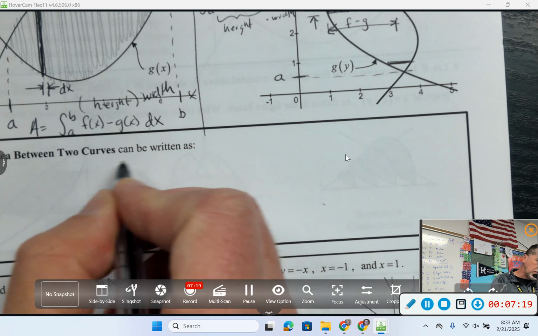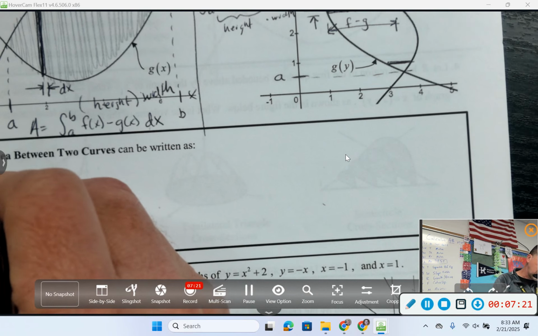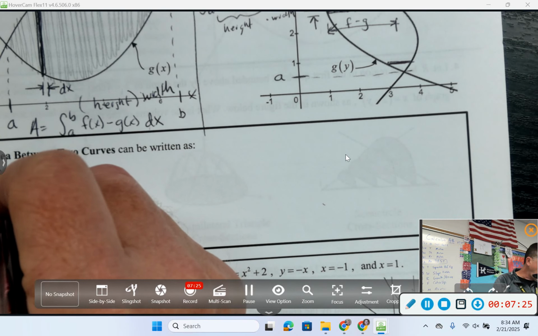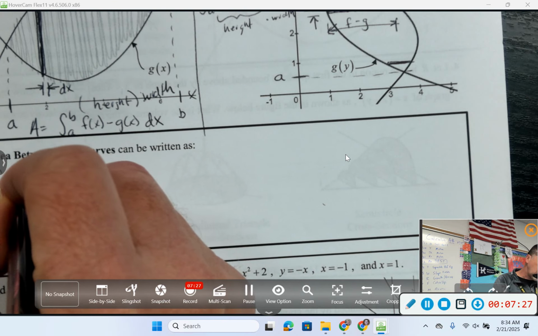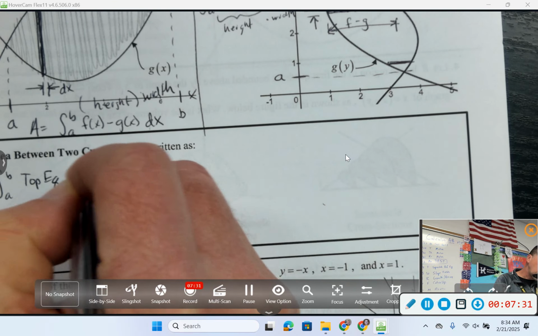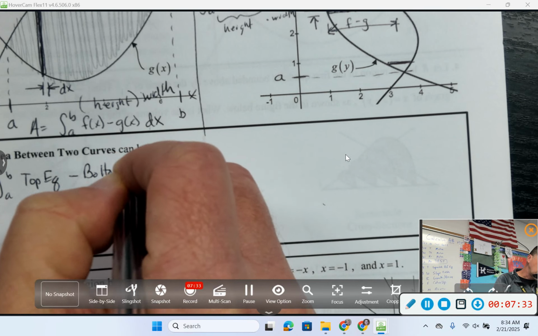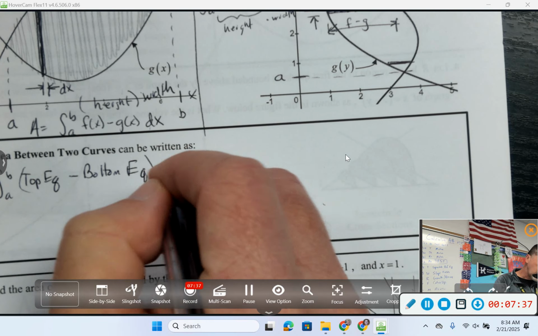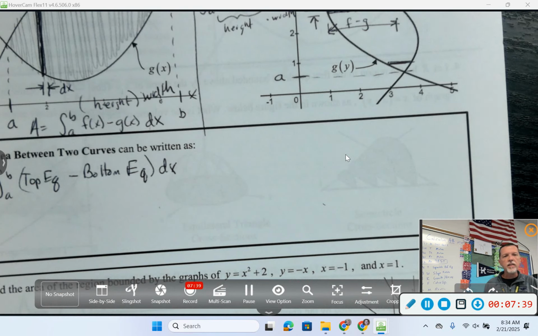So the area between two curves can be written as, here's two different ways to do it. If it's a top-bottom thing, from a to b, top equation minus bottom equation dx.